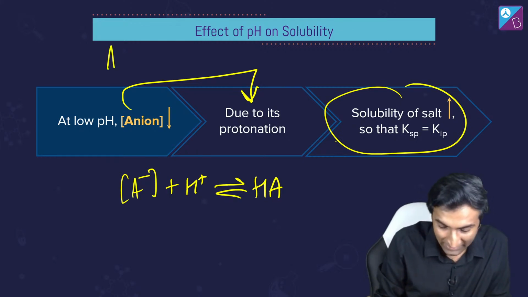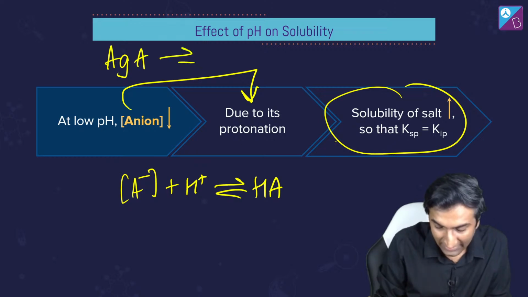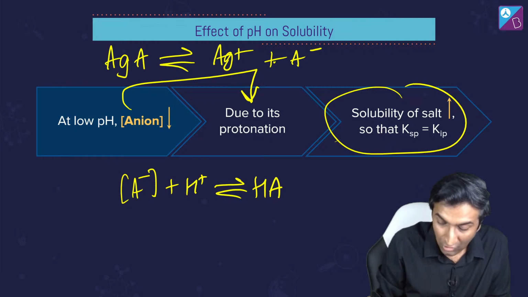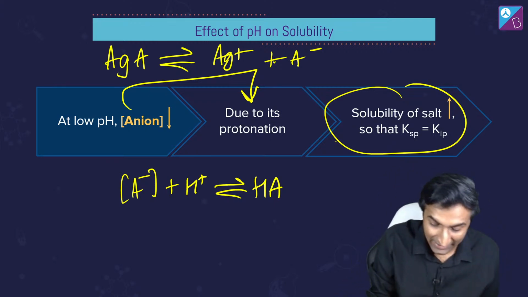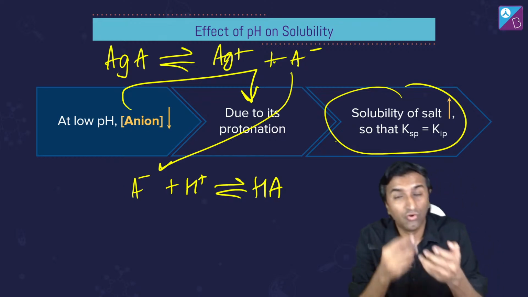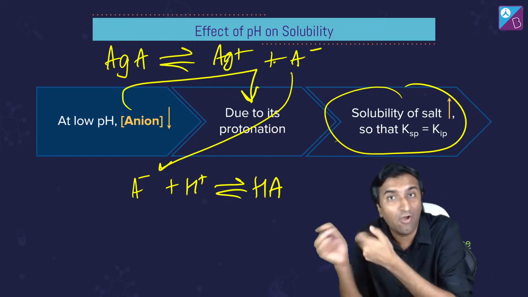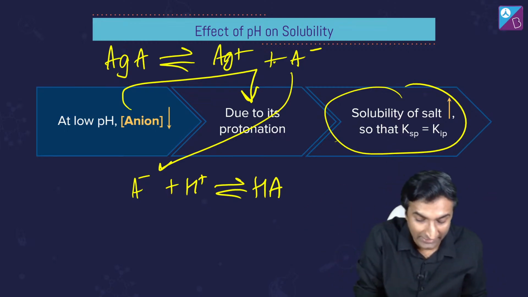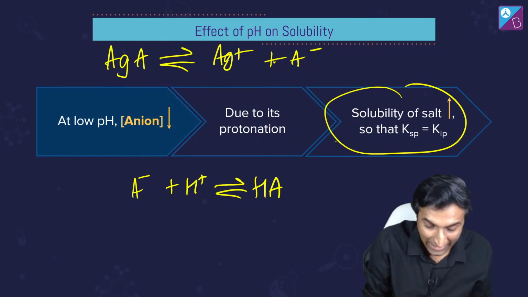So what is happening is something like this. Say AgA, and this gives me Ag plus and A minus in solution. And as soon as A minus forms, that A minus reacts with H plus and forms HA. So look, this is pushing the reaction in the forward direction. This is the exact opposite of common ion effect. It may seem like I am adding some common ion, but I am not doing that. I am not adding a common ion.